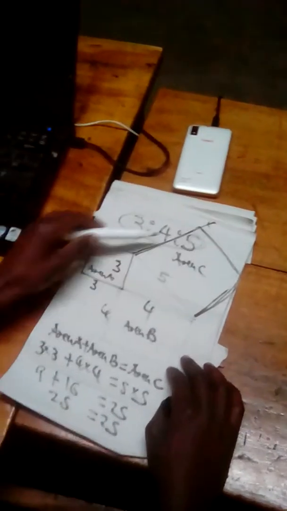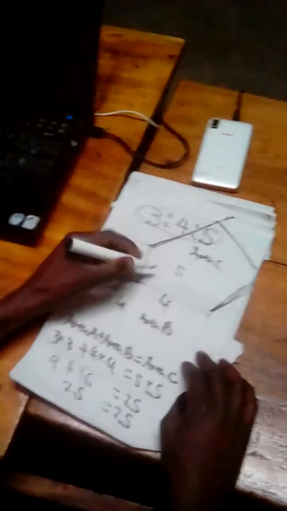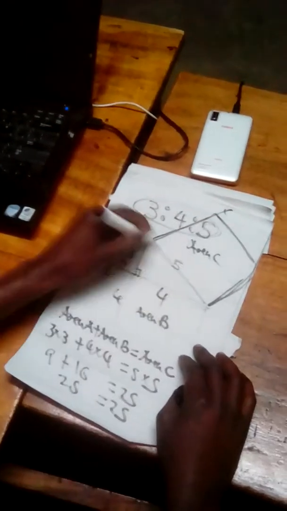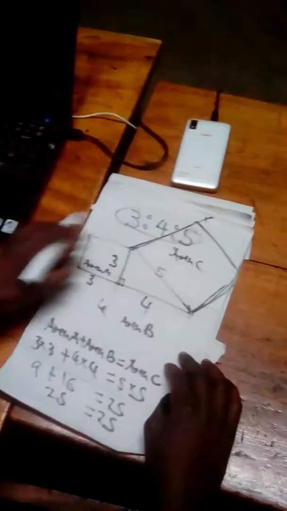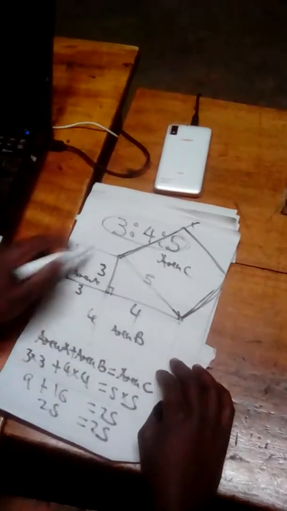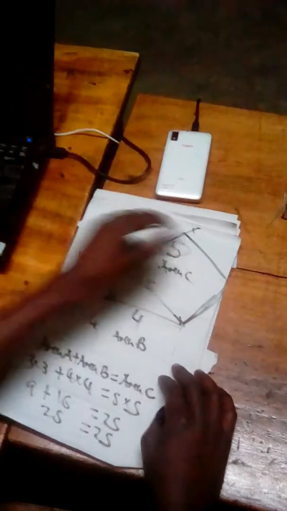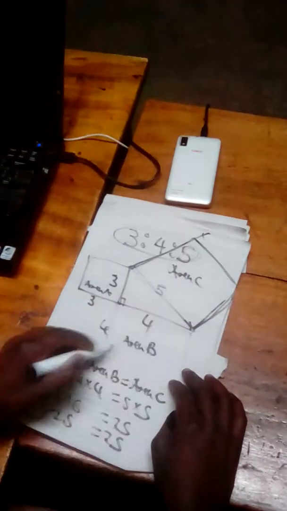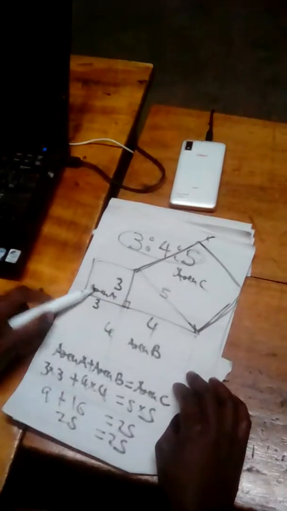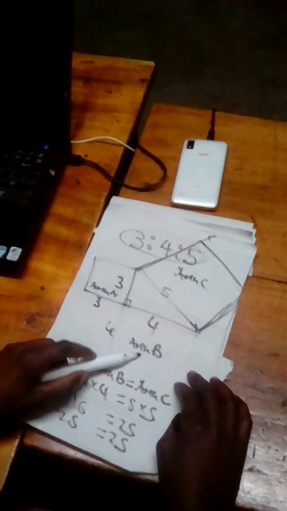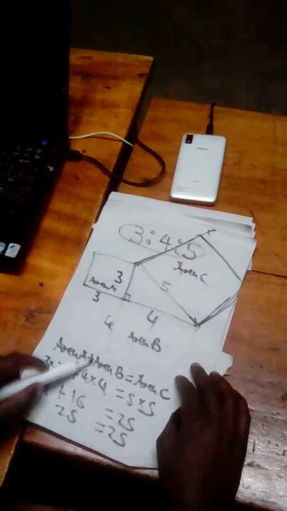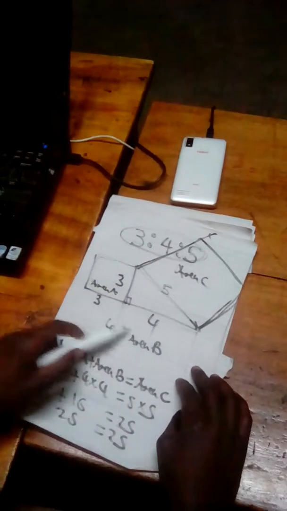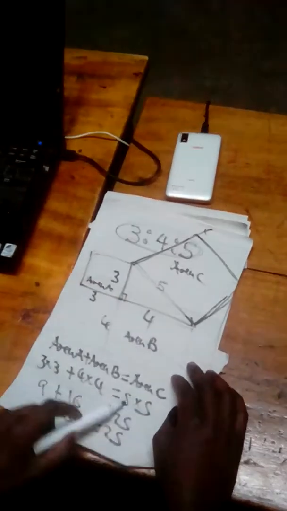Now looking up here, this is a right triangle, from here up to here. This figure here is actually a right triangle. Now, if this side is 3, this is 4, and this is 5, and if you construct squares on the sides of this triangle, the sum of area A and area B will be equal to this area, meaning that area A will be 3 times 3, area B 4 times 4, and area C 5 times 5.